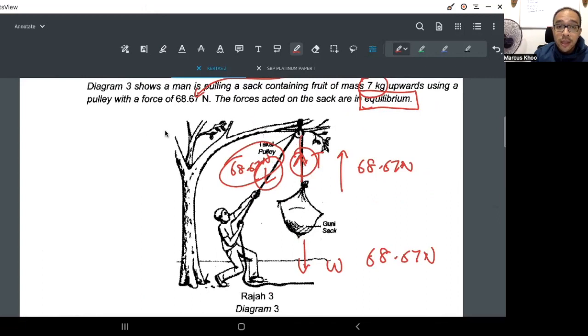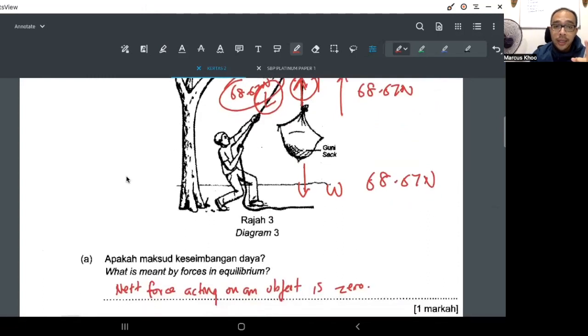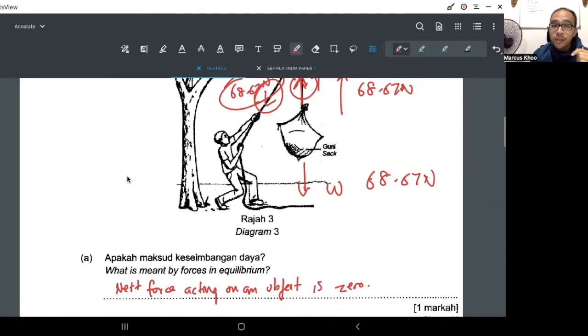Okay, two objects that have 0 resultant force. That cannot be right. Why two objects? It's only on a single object. You cannot say two objects. If you say two forces with 0 resultant force, that is also wrong, because it cannot always be two forces. What if there are 3 forces acting on it? Let's say, for example, I have 2 strings and 1 weight.